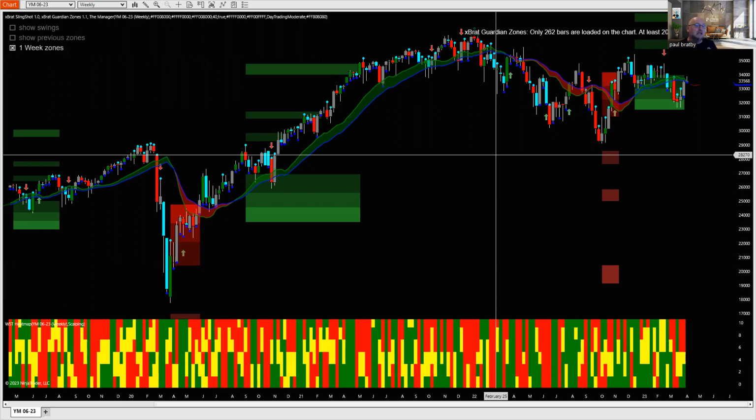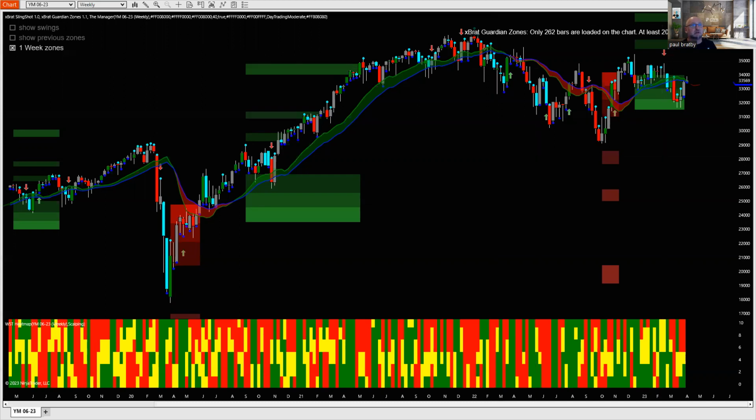I think the only issue with the Guardian zones and the SlingShot together, the developer needs to let me know how it will work together. Well, it will put the system under load. What will be the minimum requirement for computers to run both of those extremely hard-working indicators together? Okay, that's another thing that we need to try as part of that process.